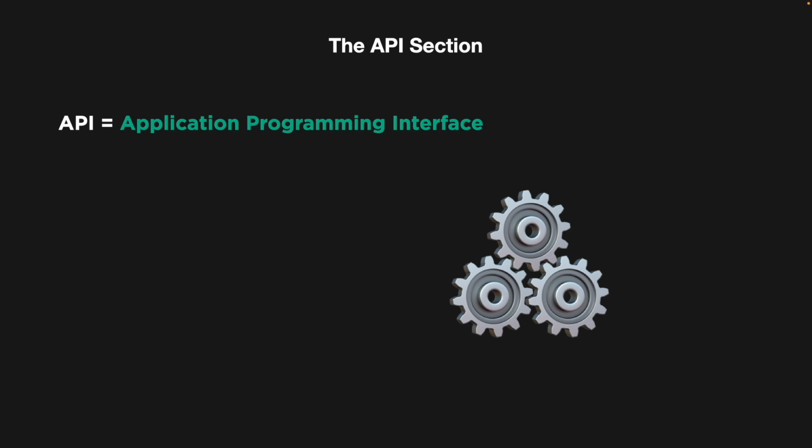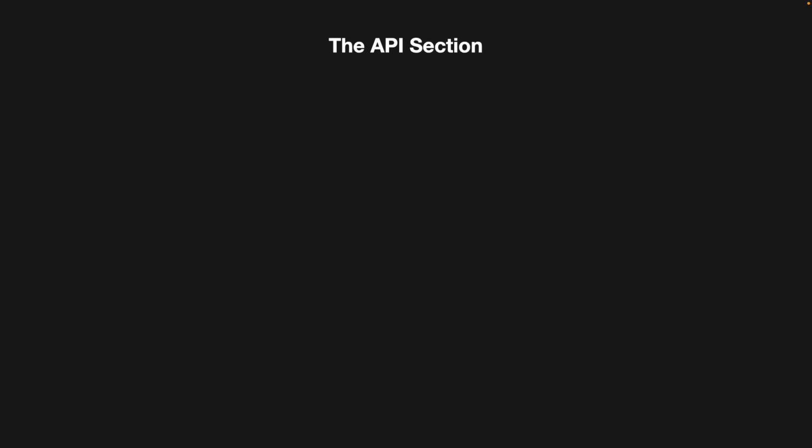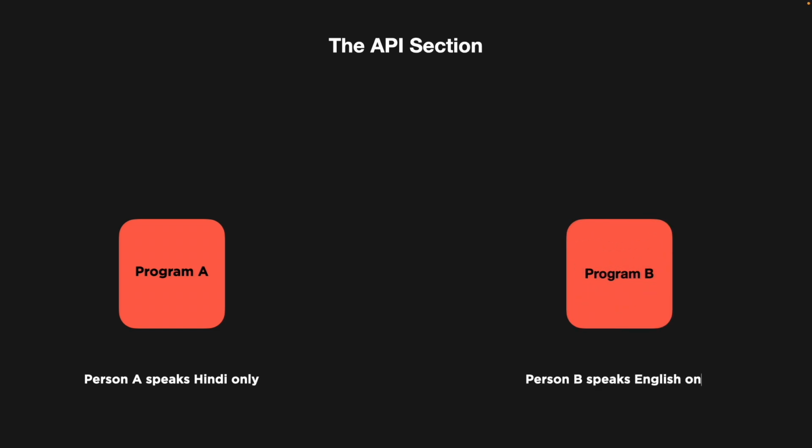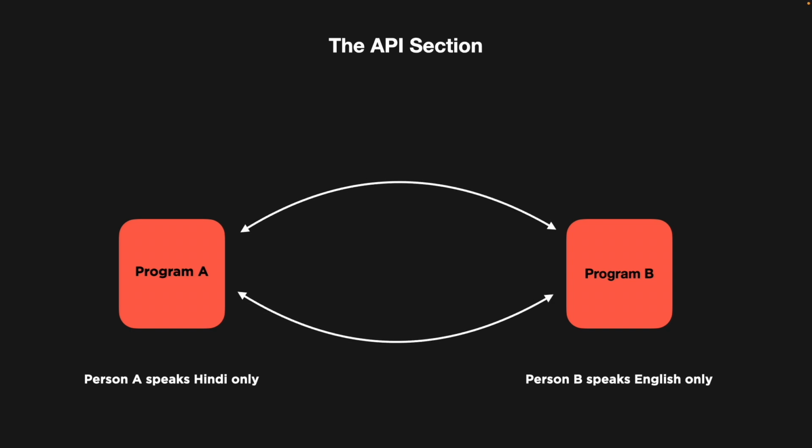Now, what does that mean in real life? Let's say we have two programs, program A and program B. Consider these programs as a person in real life. If we want program A and B to talk to each other because they provide different pieces of functionality and we want them to work together, then we would need them to be able to communicate to each other.